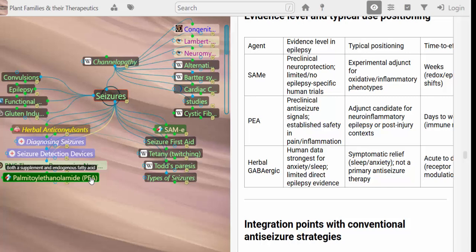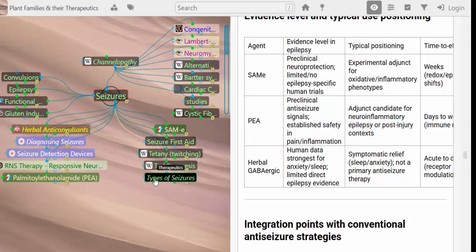We'll dig into this in just a minute, but PEA and SAMe. This covers seizure first aid. Twitching is actually considered a seizure. There's something called Todd's paresis. And what that is, after a seizure, if there is paralysis, that's categorized as Todd's paresis.